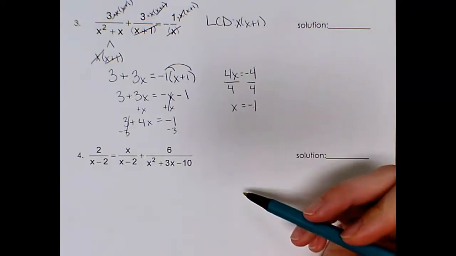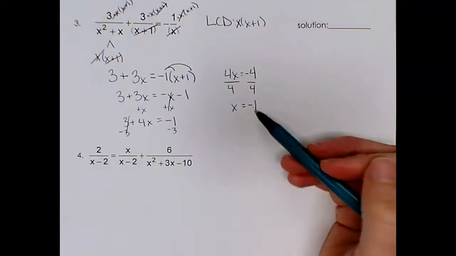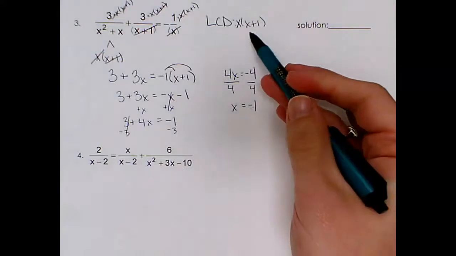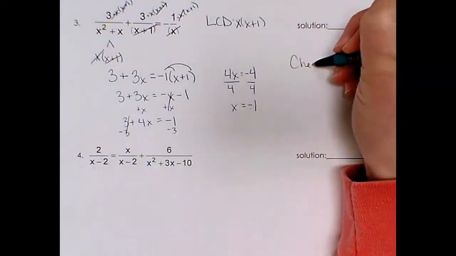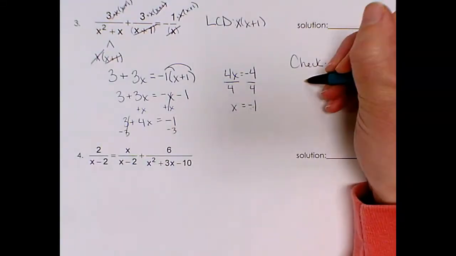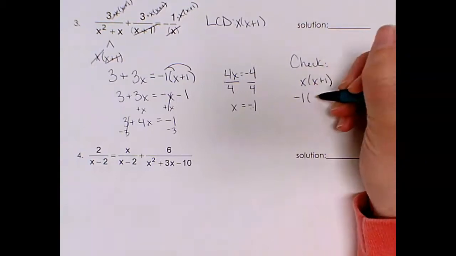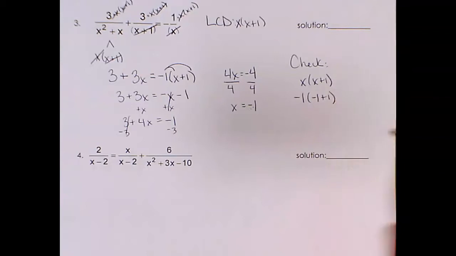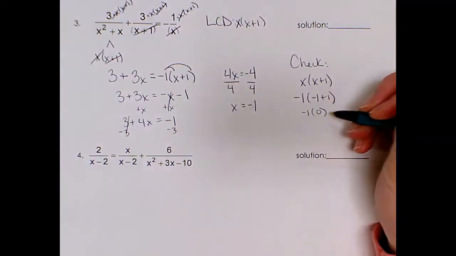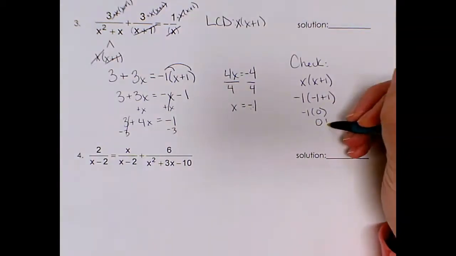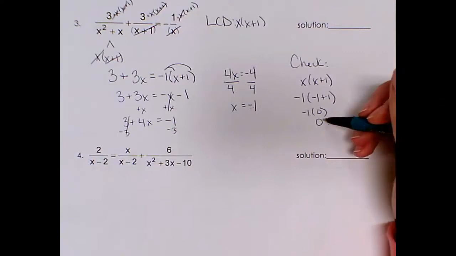Before I write my answer, I'm going to make sure that substituting -1 does not give me 0. So I can go ahead and substitute -1 into my least common denominator. X times x plus 1, that'd be -1 times -1 plus 1. That'd be -1 times 0, and that's a problem, because that means that we have a denominator of 0.